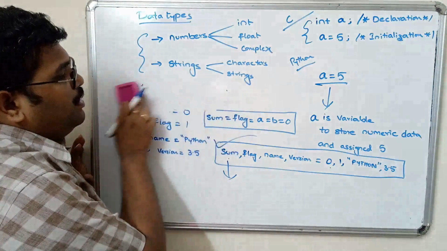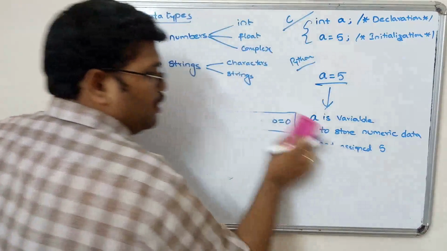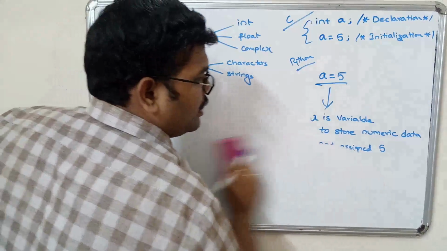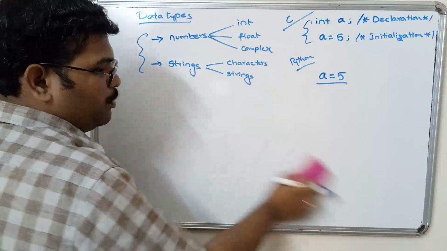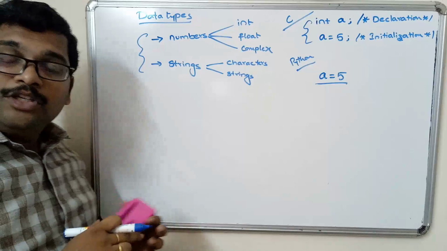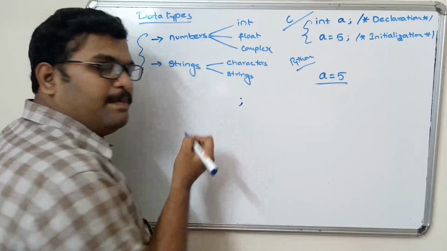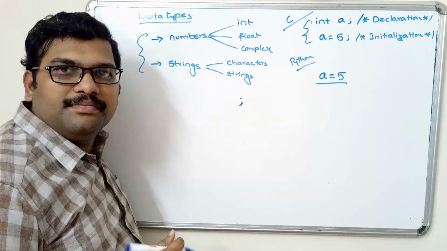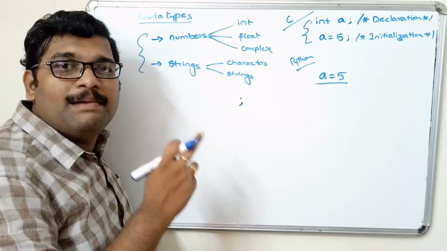Right. Now, if more than one line is to be represented in a single line. Here the most important thing is no statement will end with a semicolon. In our C language, every statement ends with a semicolon.